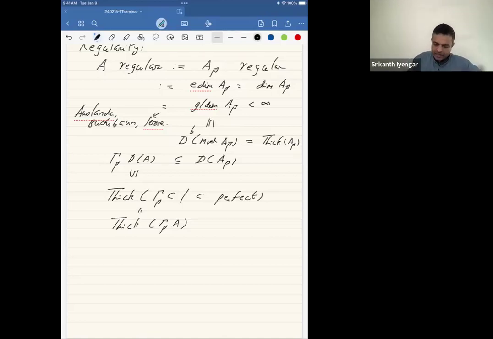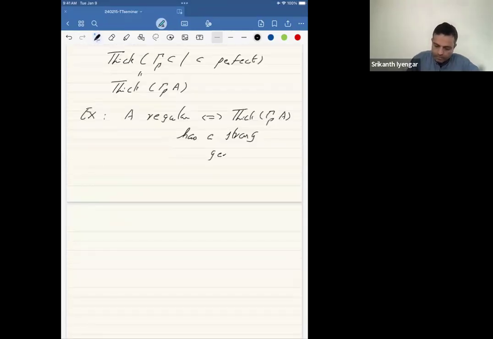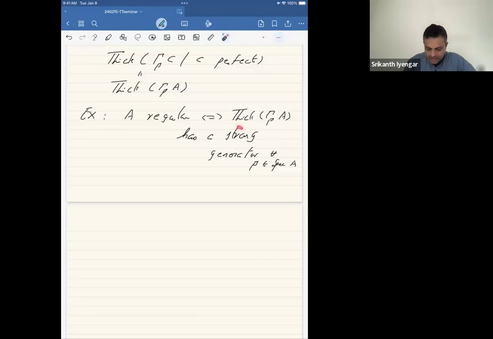Okay. And here's an exercise for you, or maybe you've done this already. A is regular if and only if this subcategory here that I just introduced has a strong generator for all P in Spec A. In fact, one can make a more precise statement that A is regular at P if and only if this subcategory has a strong generator, but that seems to be a special feature of commutative Noetherian rings.